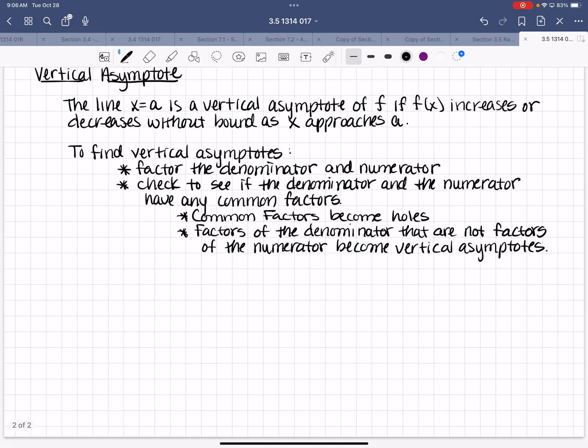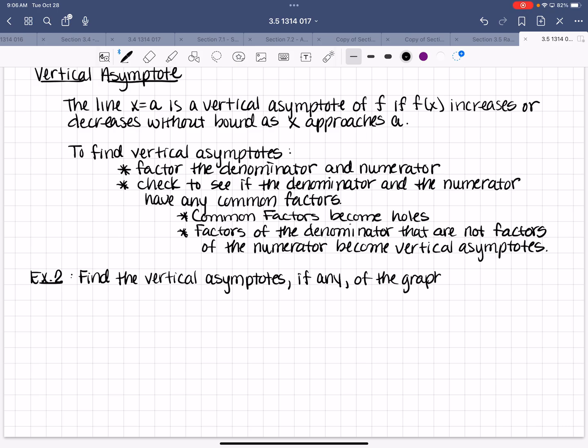All right, example 2. It says, find the vertical asymptotes, if any, of the graph of each rational function.